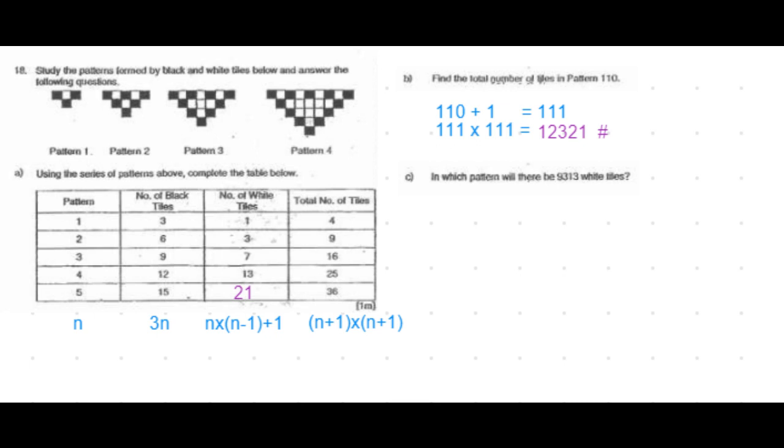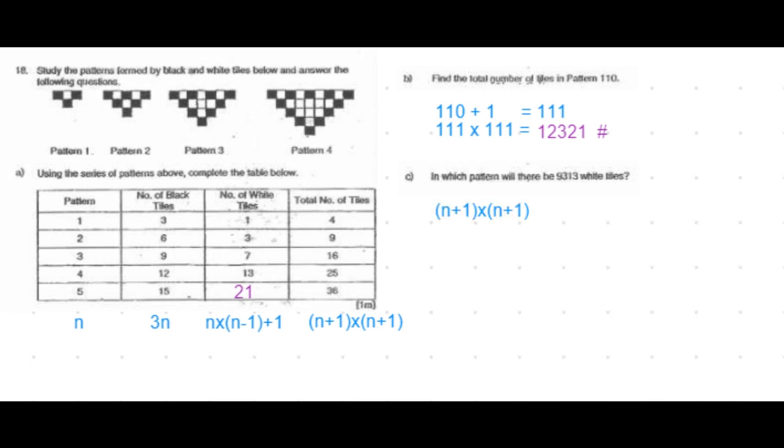If it is difficult to visualize the formula, let's derive the formula for number of white tiles. White tiles is the difference between the total number of tiles and the black tiles. We know the total number of tiles is n plus 1 times n plus 1, minus the black tiles, which is 3n.